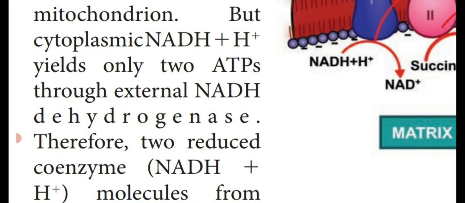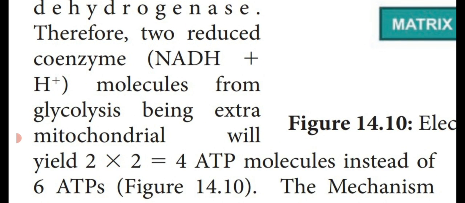But the cytoplasmic NADH2 yields only 2 ATP through the external NADH dehydrogenase. So, 2 reduced coenzyme molecules from glycolysis give an additional yield of ATP, that is 2 into 2, 4 ATP molecules.